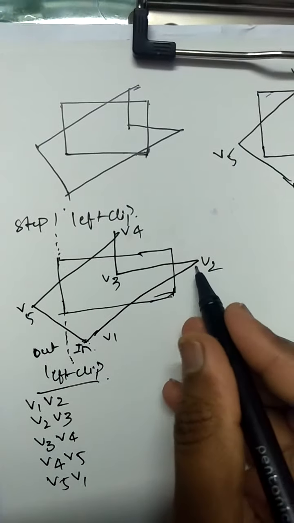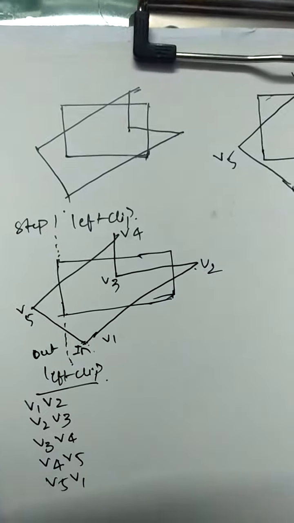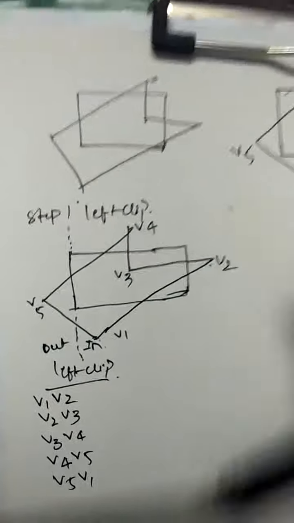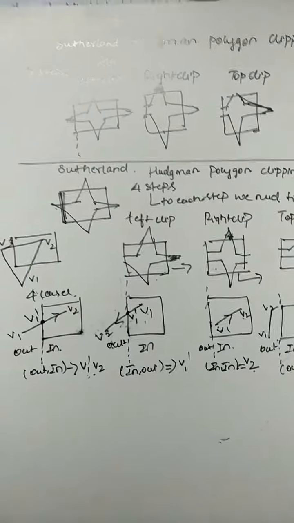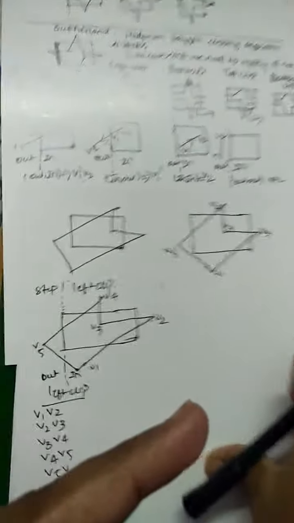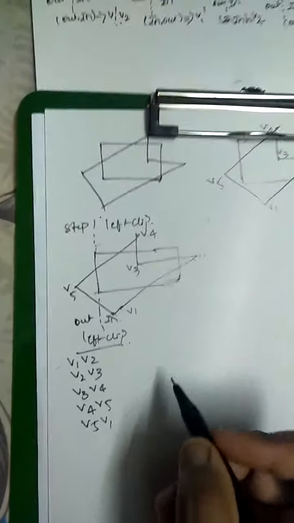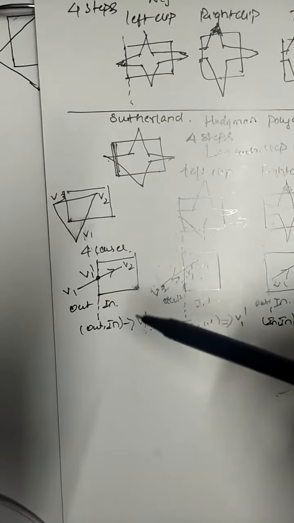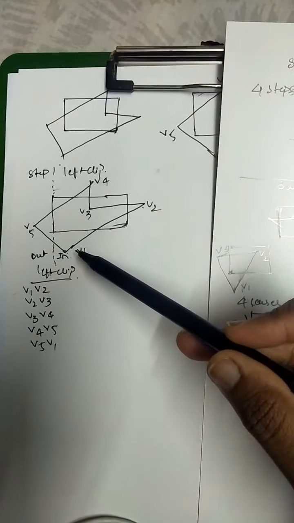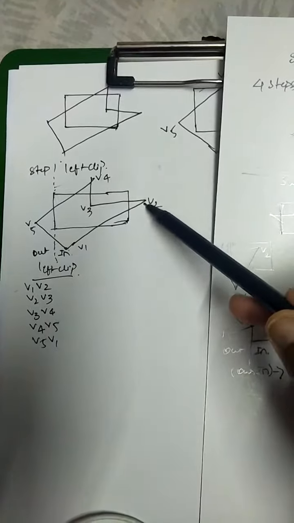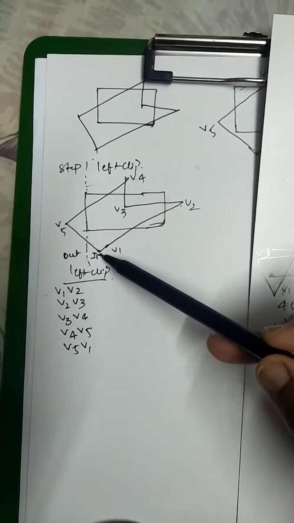V1, V2, as we have seen, is moving from in to in itself, because this is the out region and this is the in region.